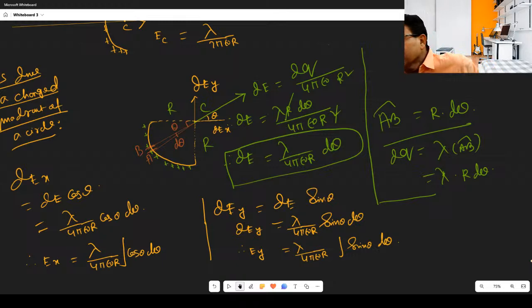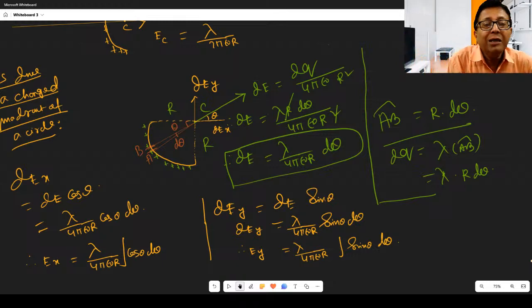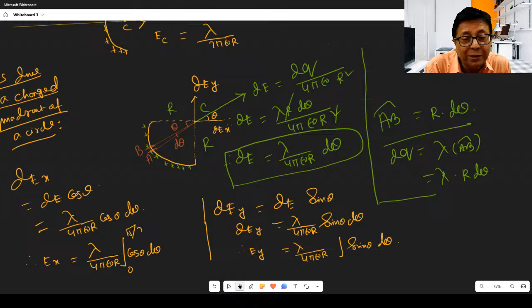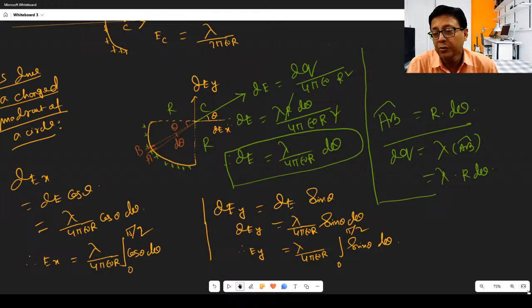Isn't it? Okay? Understood? And what should be the limit of integration? I have to cover the whole quadrant. 0 to pi by 2 here, 0 to pi by 2. Okay?